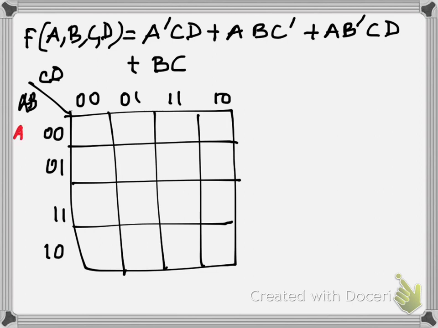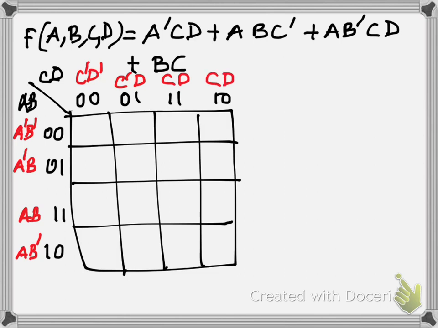This column will stand for A dash B dash. This column will stand for A dash B. Similarly, this row will stand for AB and this will stand for AB dash. Same way, this will stand for C dash D dash, this will stand for C dash D, this will stand for CD and this will stand for CD dash.